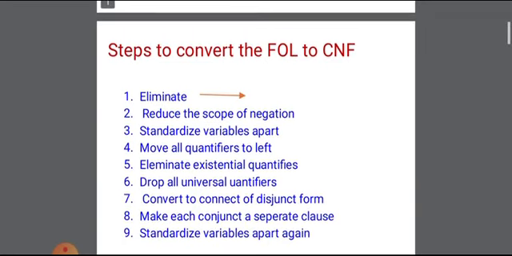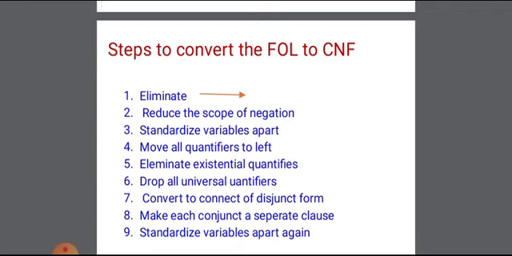The basic steps in the procedure for the conversion of predicate logic to CNF are: the first step is to eliminate implication. The arrow we studied as a symbol indicates the implication. The second step is to reduce the scope of negation. Whatever negation symbols are there, we have to reduce their scope.